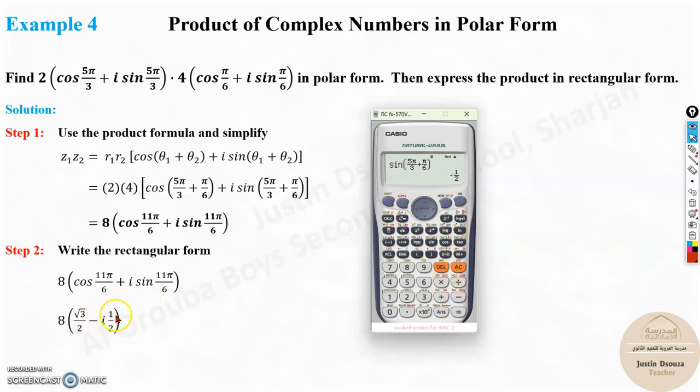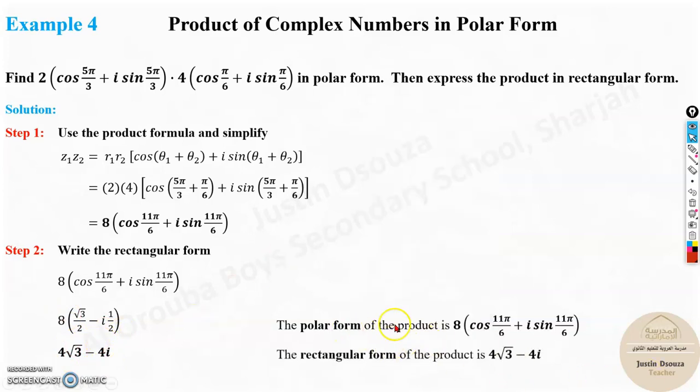It is negative half. Now multiply the 8 inside. 8 times root 3 by 2 is 4 root 3, and 8 times minus half is minus 4i. So it's 4 root 3 minus 4i. This is the rectangular form. The polar form of the product is over here, and the rectangular form is over here. So these are the answers.